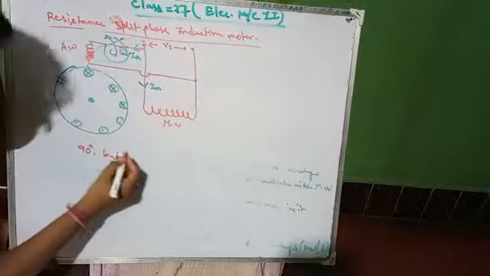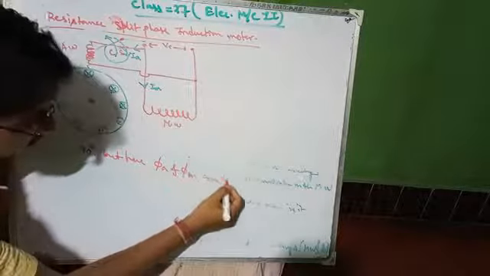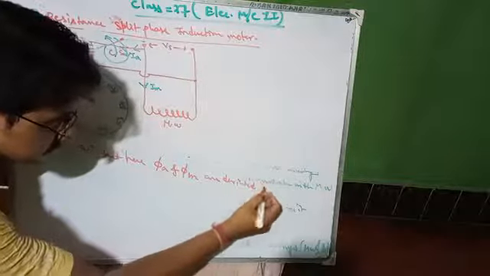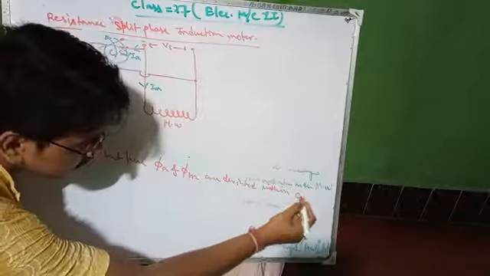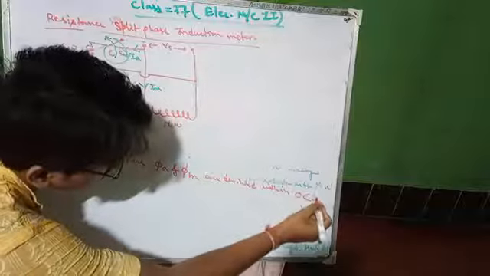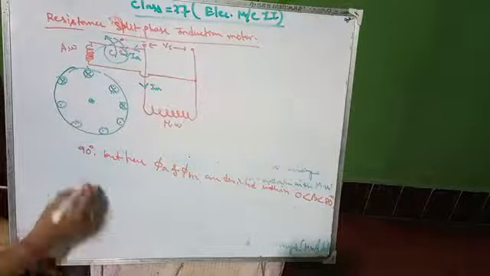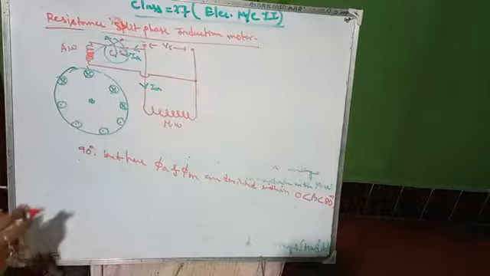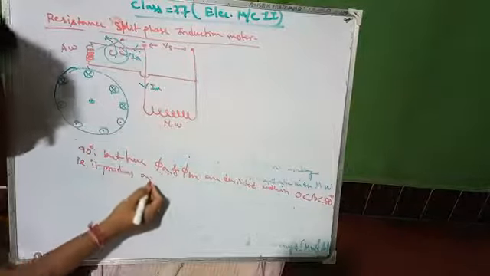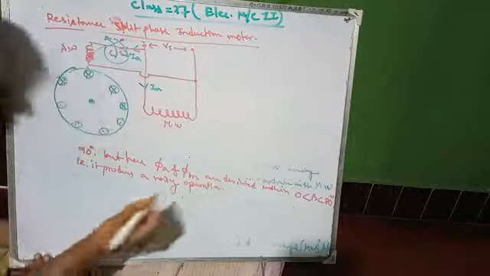But here phi A and phi M are deviated within the range of 0 to less than 90 degrees. That's why it produces a noisy operation.